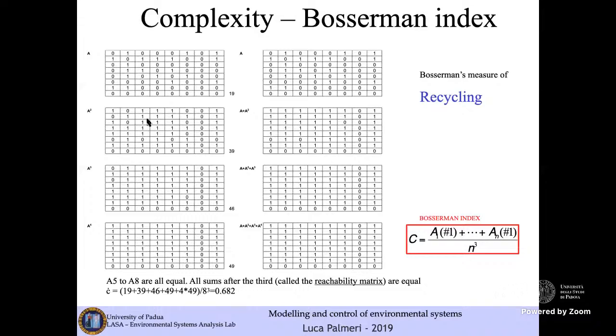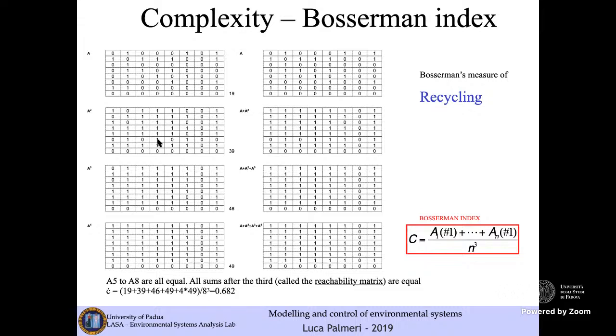So the assumption here is that I put 0 if 0, and I put ones if I have a number different from 0. This means that in the square of the adjacency matrix, I will have ones if there is at least one path of length 2 connecting the two state variables. This way, I am evaluating how much the currency is flowing into the network. So this is a topological analysis of the connectivity of a network.